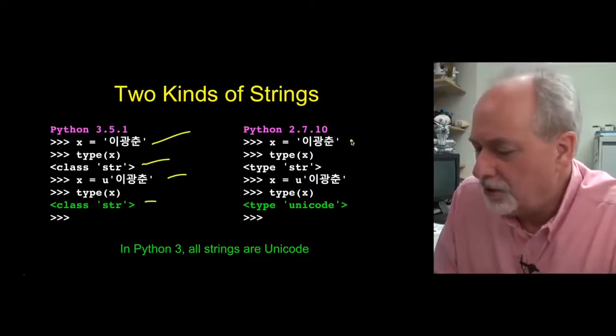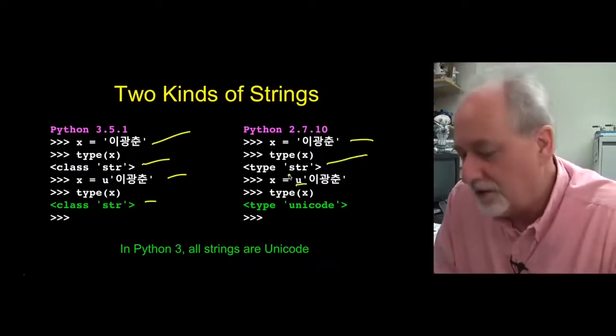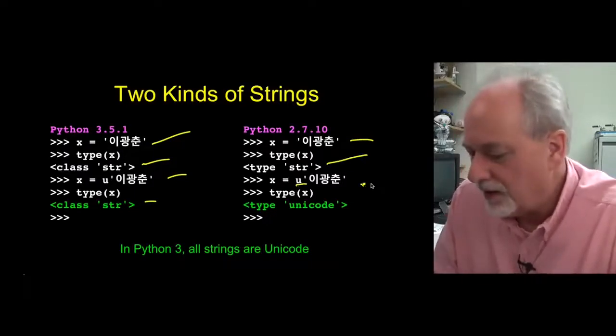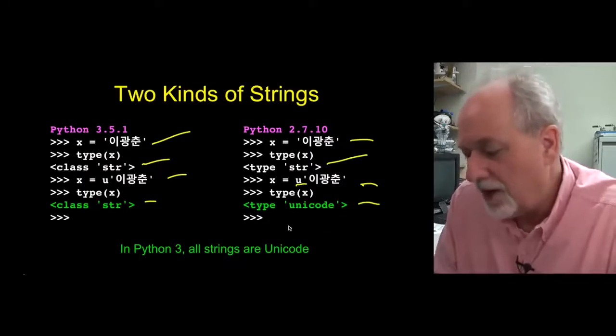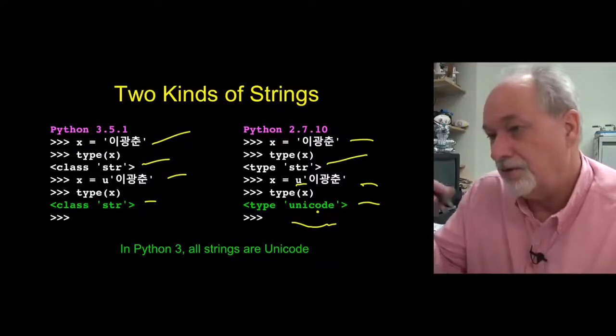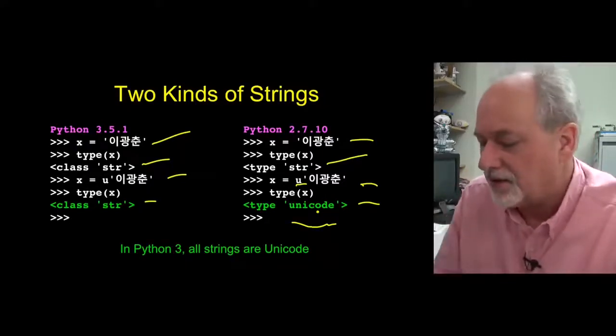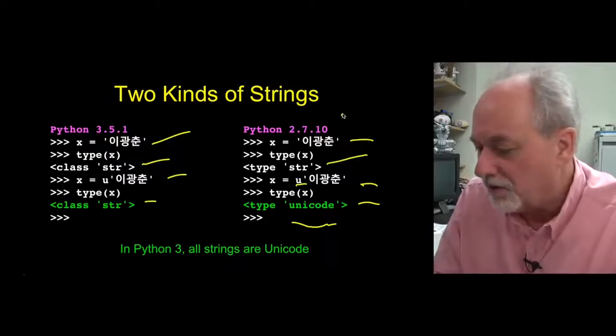Whereas in Python 2, if you put international characters into x, it was a string, and then there was a separate kind of constant called a Unicode constant, and it was a different type. You had to mess with these Unicode variables as you read them from files and put them back into files and did other things.